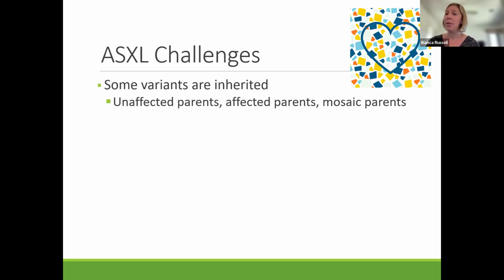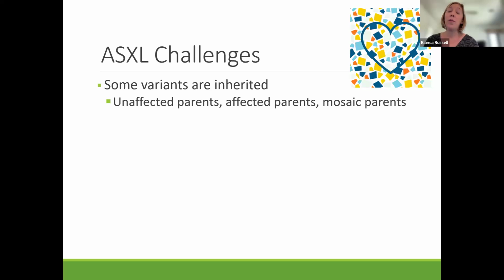Oftentimes the mosaic parent may be unaffected, but can have a child that's affected if this ASXL change is present in all the cells of the body of the affected individual. So that certainly made for some challenges in understanding how to interpret these results.